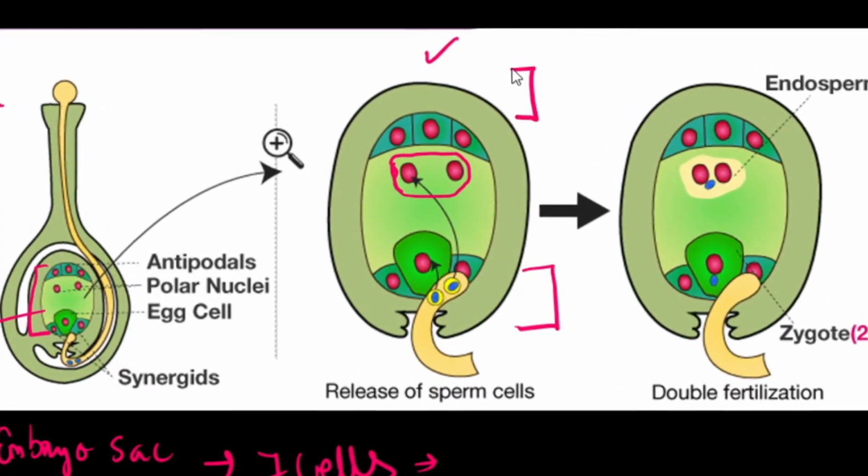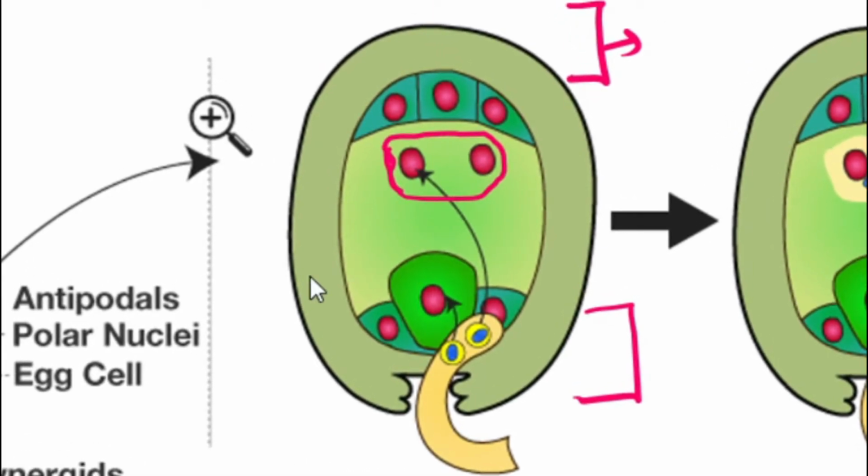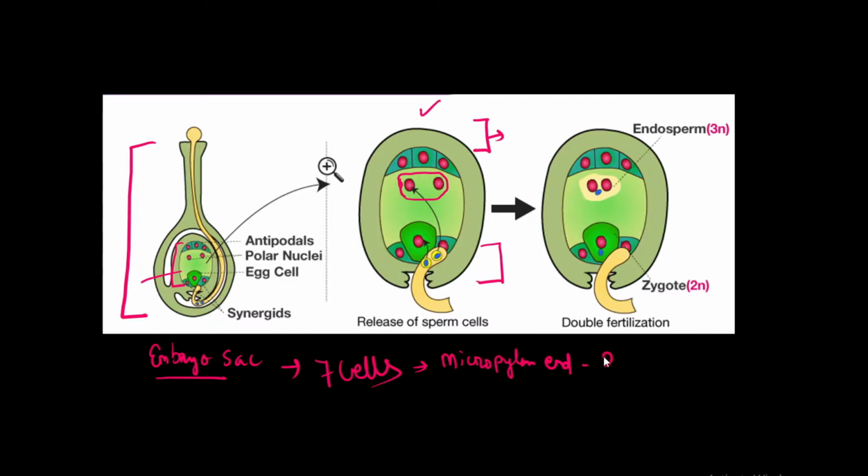Opposite to the micropylar end is called the chalaza end. At the micropylar end there are two synergids. In between the synergids there is one egg cell. At the chalaza end you can observe 3 cells, and those 3 cells are called antipodal cells.